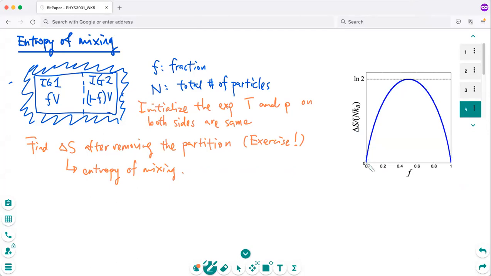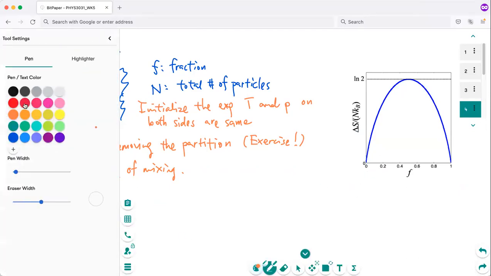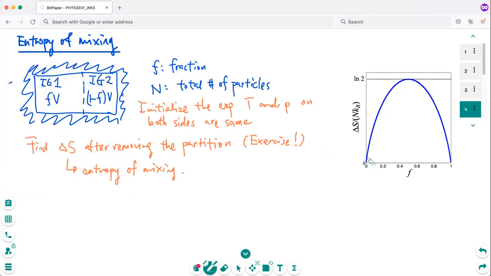And you should then look at some special cases. The special cases are here. Think about why you get 0. The change of entropy is 0 for these particular cases. I hope the reason is obvious.